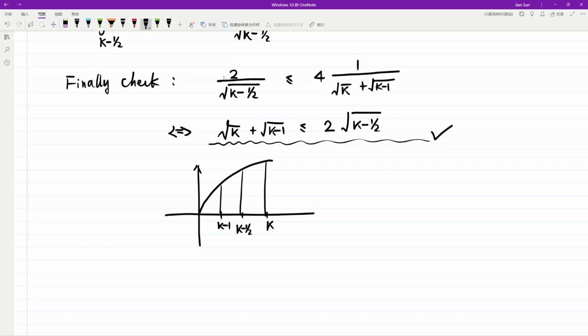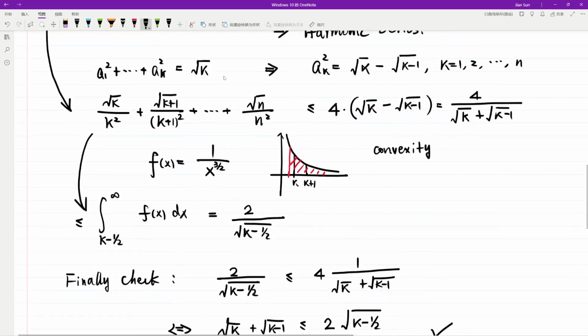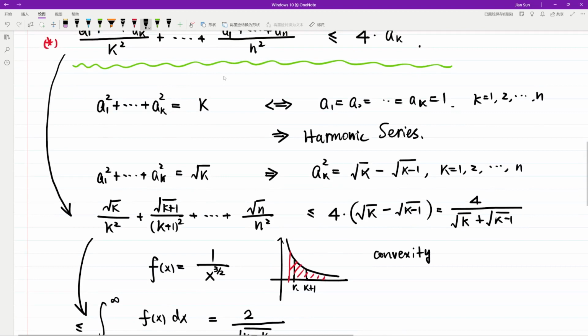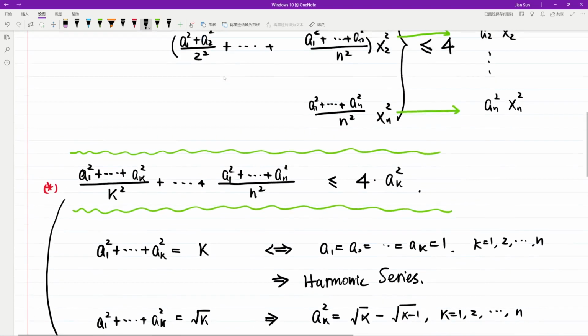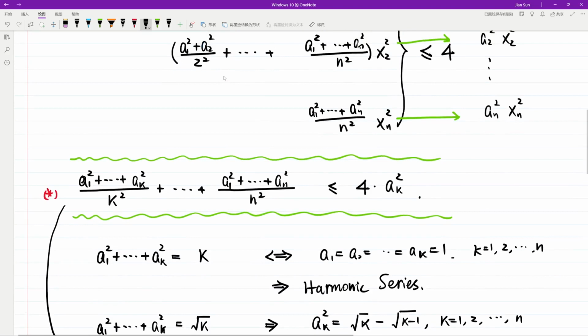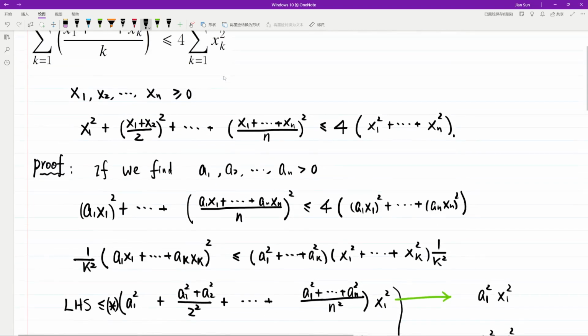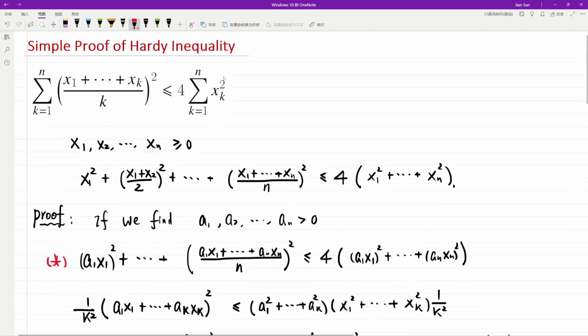And therefore, we finished our proof by choosing ak squared to be square root of k minus the square root of k minus 1. Actually, the inequality is not that hard to check. And therefore, we proved our version of Hardy inequality, which is equivalent to the original version of Hardy inequality.